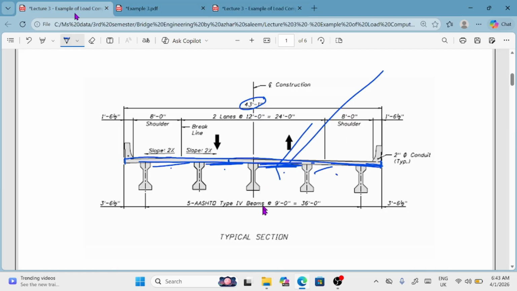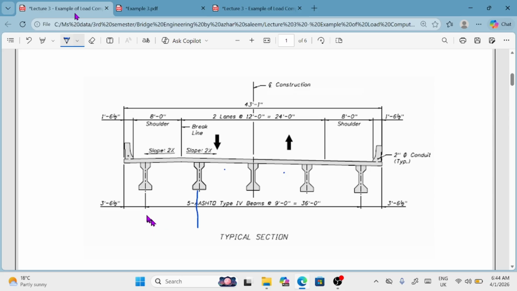Okay, and each piece's length is this much. If you calculate its length, from center to center is 9 feet. If you neglect this much, see here, center to center distance is 9 feet, and if I subtract this from this 9 feet, I will have this much distance.